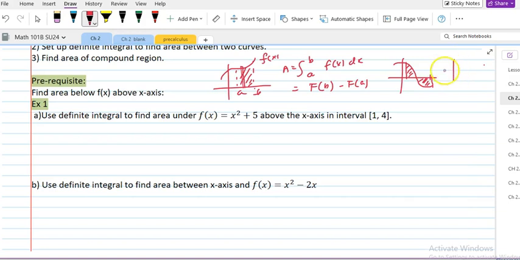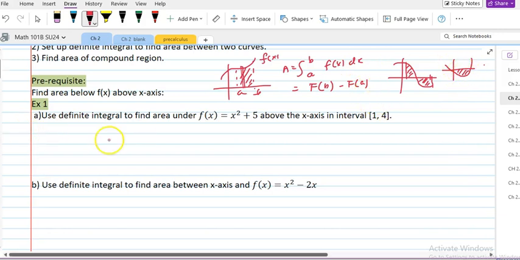Or better still, if your f of x is actually like this, which is our second example, then to find the area between the x-axis and f of x, any definite integral that I find would come out as a negative area. I have to take the absolute value or multiply by negative one to get it to be a positive number. Okay, so let's do one example.